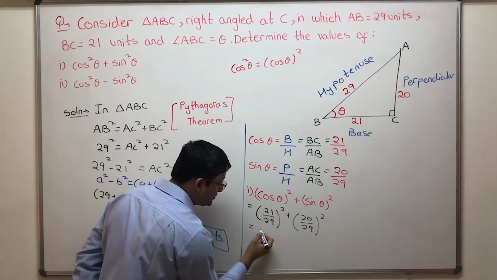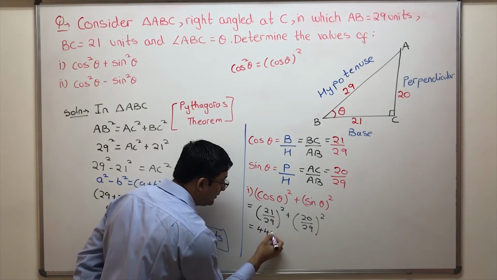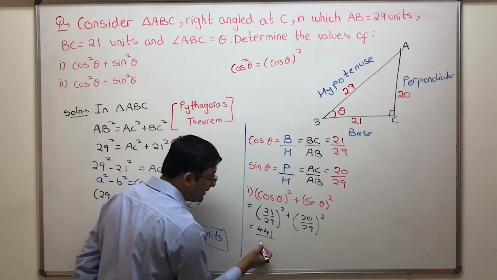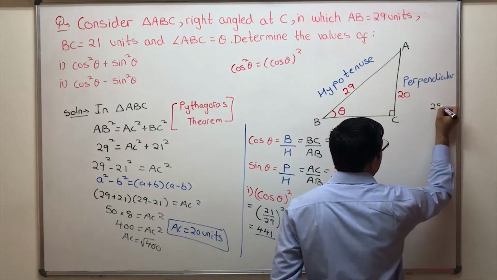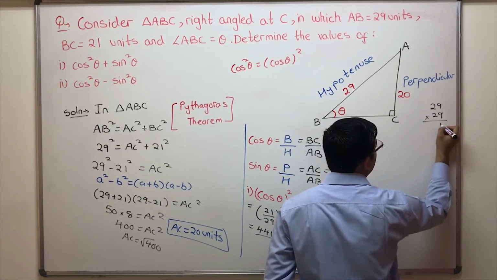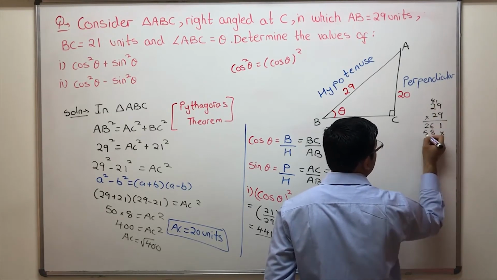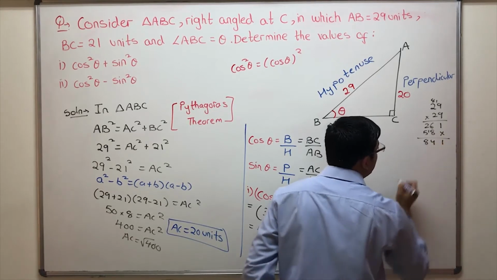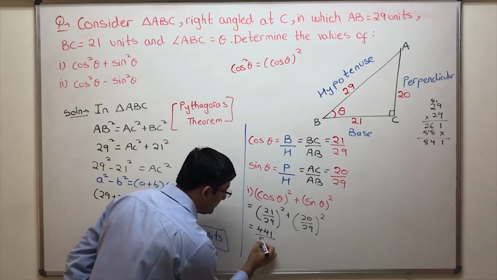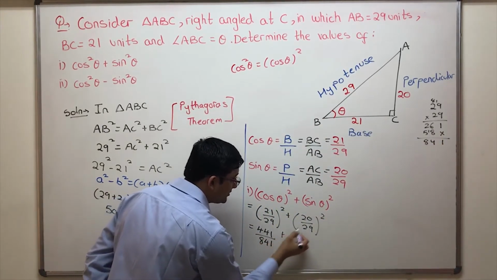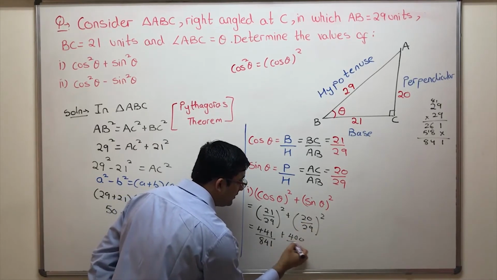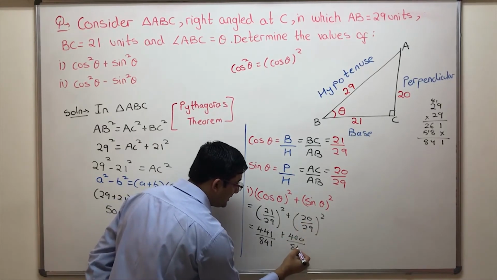We get 21 square, that is 441, plus 29 square. 29 multiplied by 29 is 841. So 441 upon 841 plus 20 square, 400, upon 29 square, that is 841.